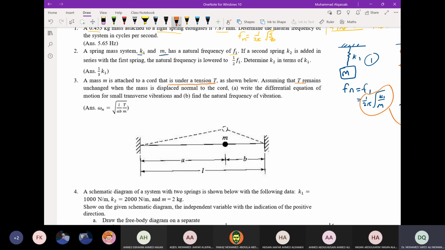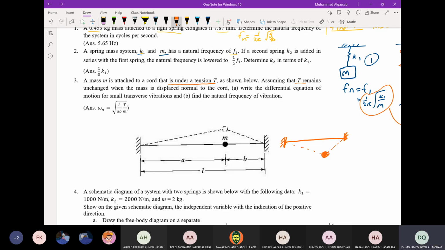So usually in statics, if you have a cord fixed on both sides, when you add a load, not in the middle, somewhere, or you put a mass, this will go to equilibrium, right?